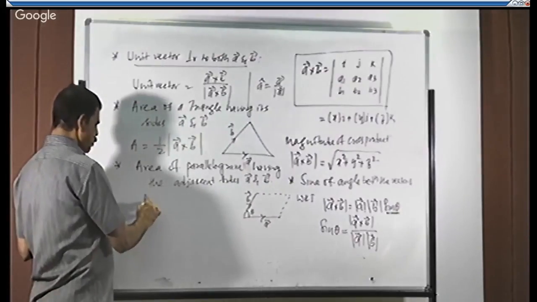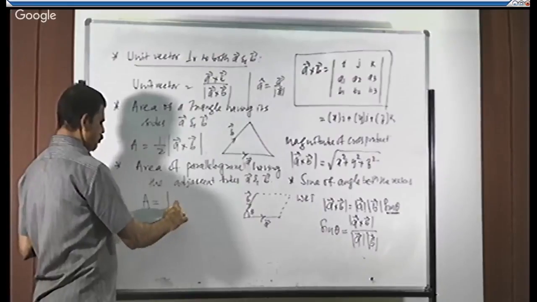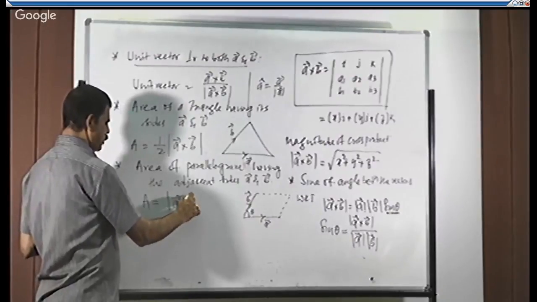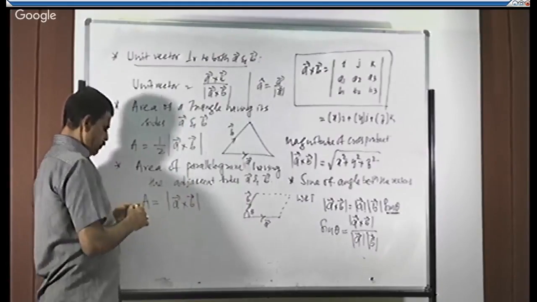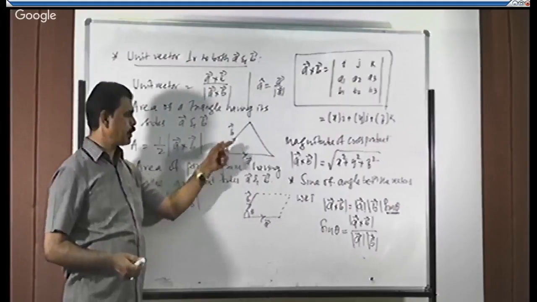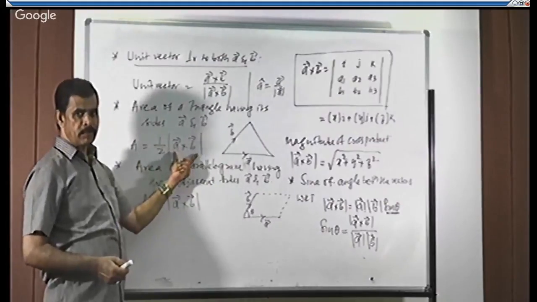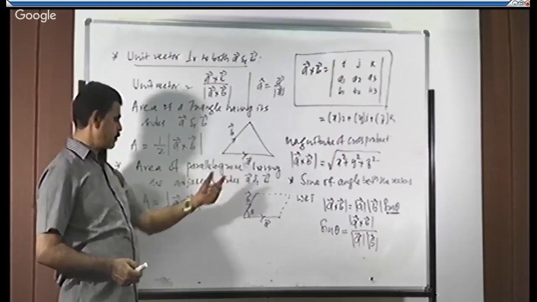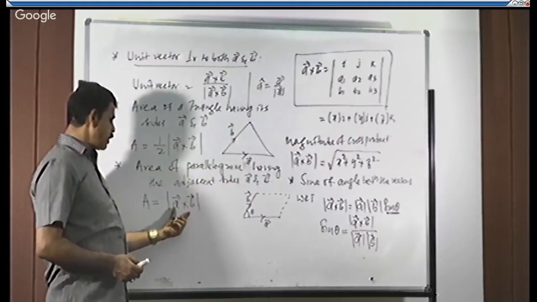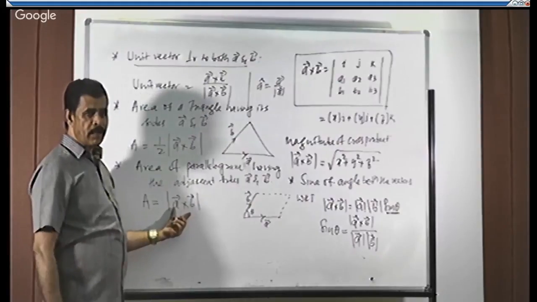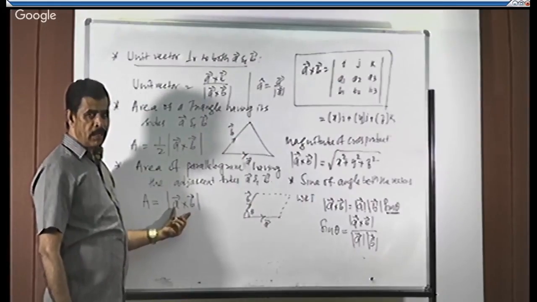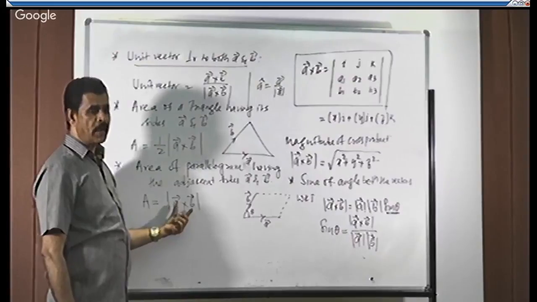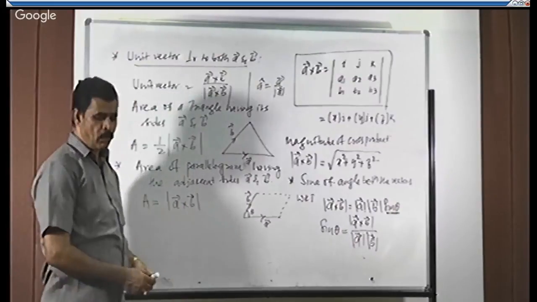So the area of a parallelogram is always equal to the magnitude of A cross B. For a triangle, it is half of the magnitude of A cross B. What are A and B? A and B are the two sides. In the case of a parallelogram, it is only the magnitude of A cross B. What are A and B? They are the two adjacent sides of a parallelogram.